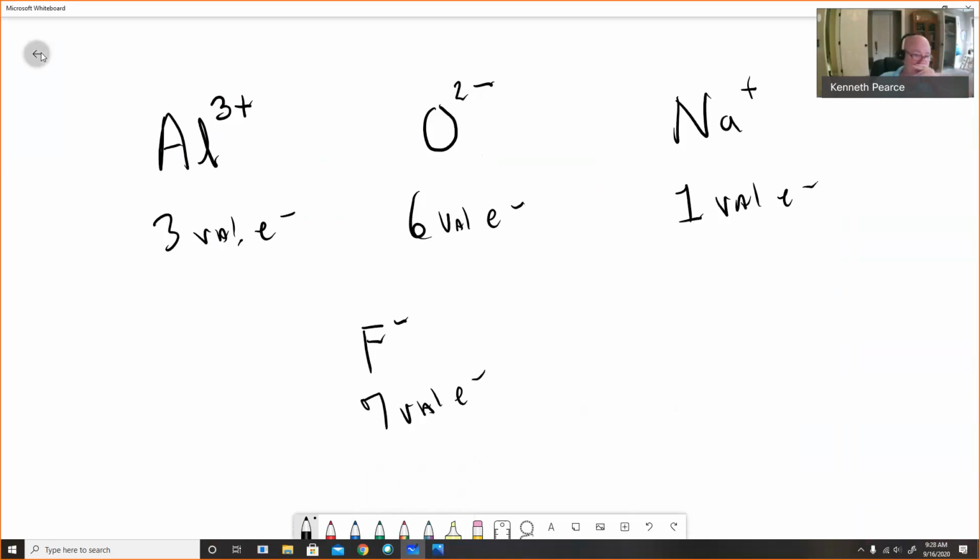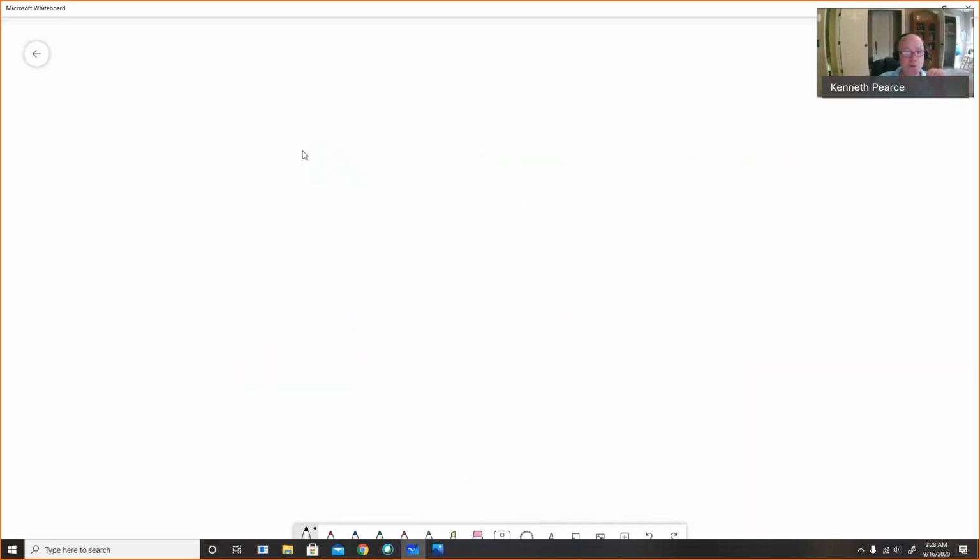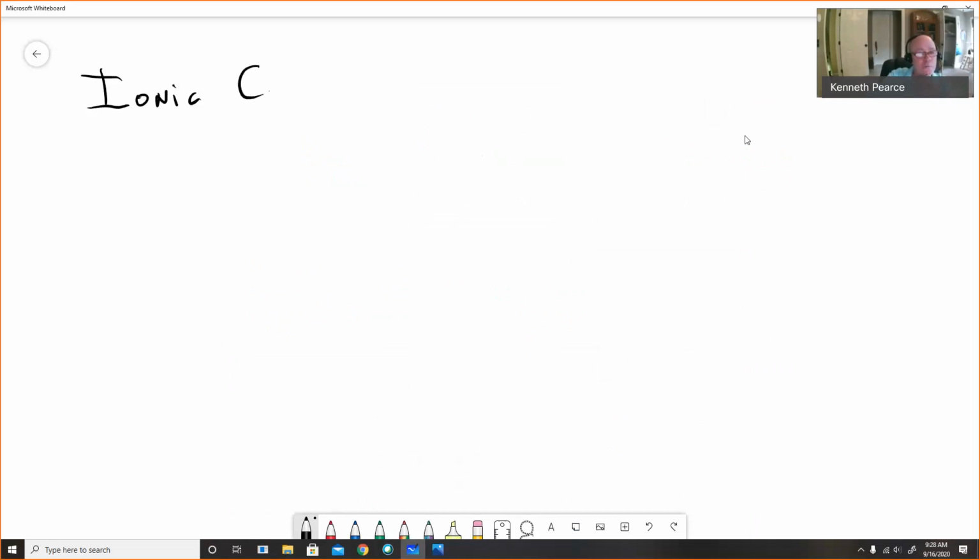Now, once we have ions, we can make something called an ionic compound. This is where it starts getting interesting. This has ions bonded together to make a compound.